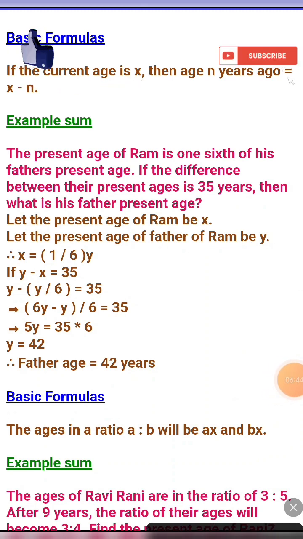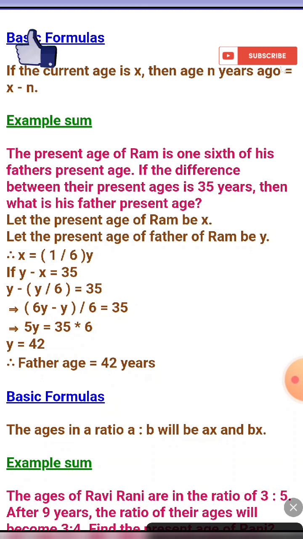If the current age is x, then n years ago is equal to x minus n. Another example. The present age of Ram is 1/6 of his father's present age. If the difference between their present ages is 35 years, then what is his father's present age? Let's understand and guess. Ram's current age is x.